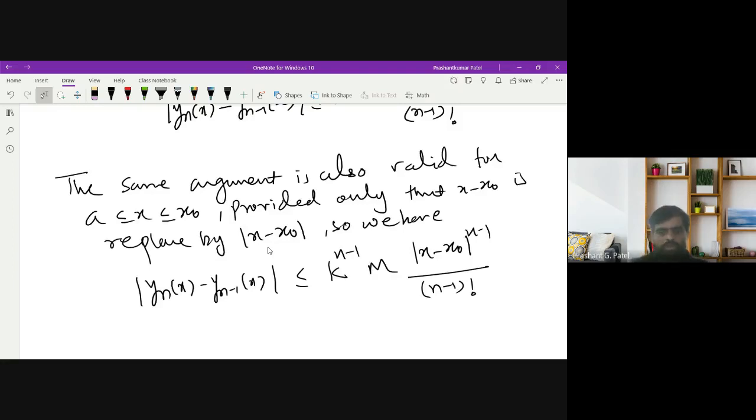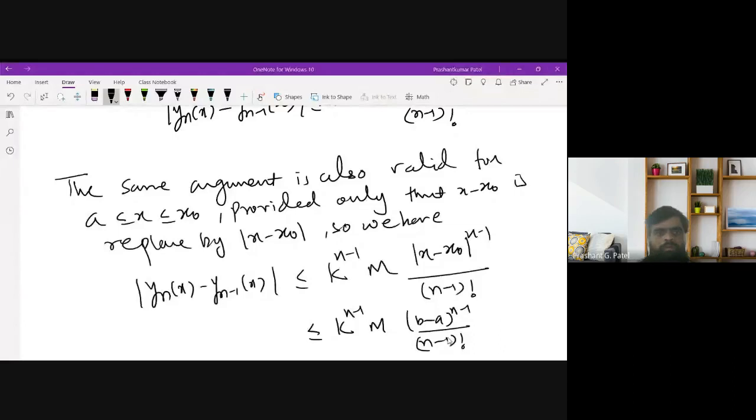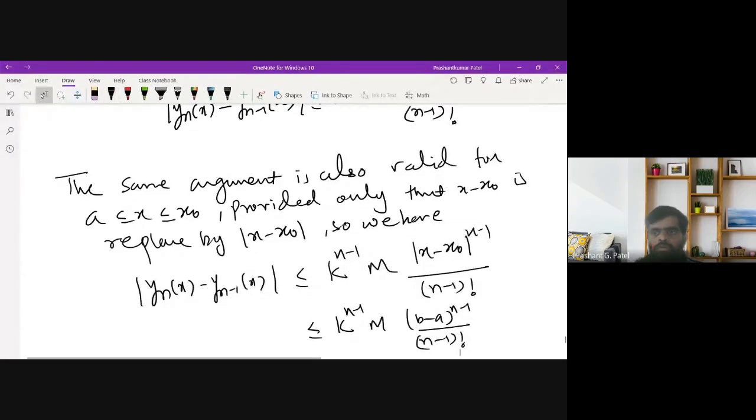So this is less than or equal to k raised to n minus 1 into m times (b minus a) raised to n minus 1 upon (n minus 1) factorial. This is true for every x and for every n running from 1 to infinity.